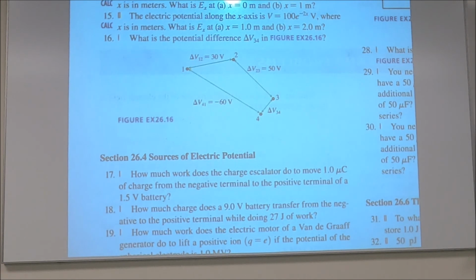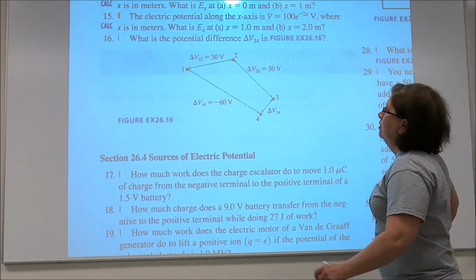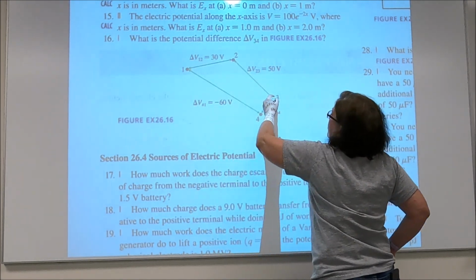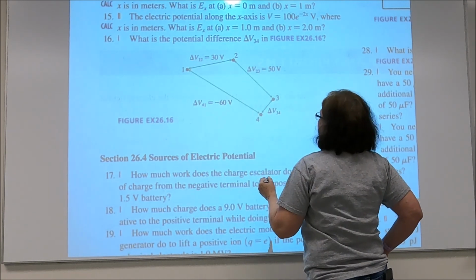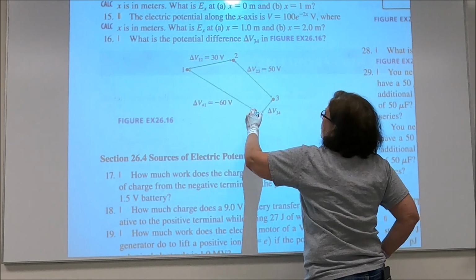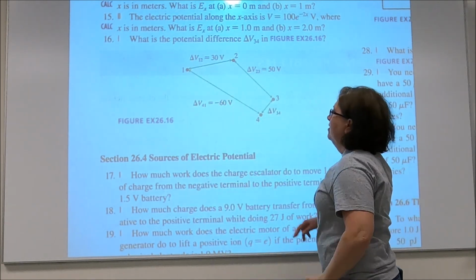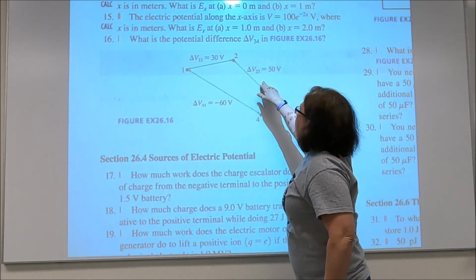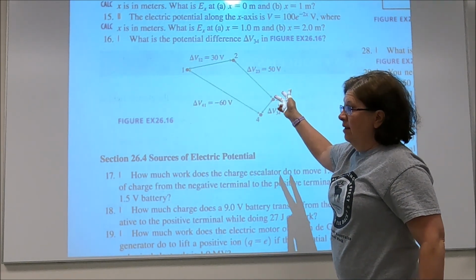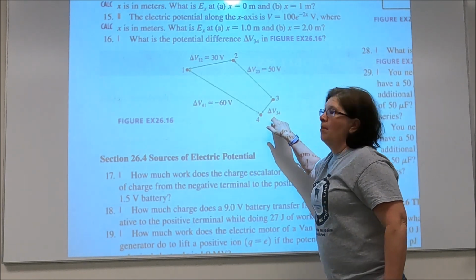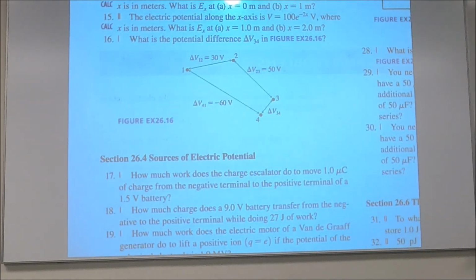It says what's the potential difference, delta V for 3 going to 4? Well, 30 plus 50 plus delta V 3,4 minus 60 has to be 0. Well, 30 plus 50 is 80. 80 minus 60 is 20, so this has to be a minus 20, because when we make the complete loop, we have to get back to where we started.